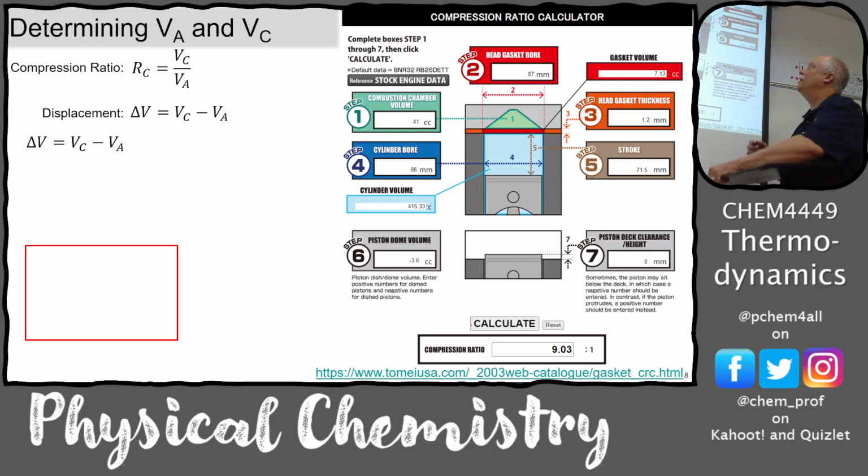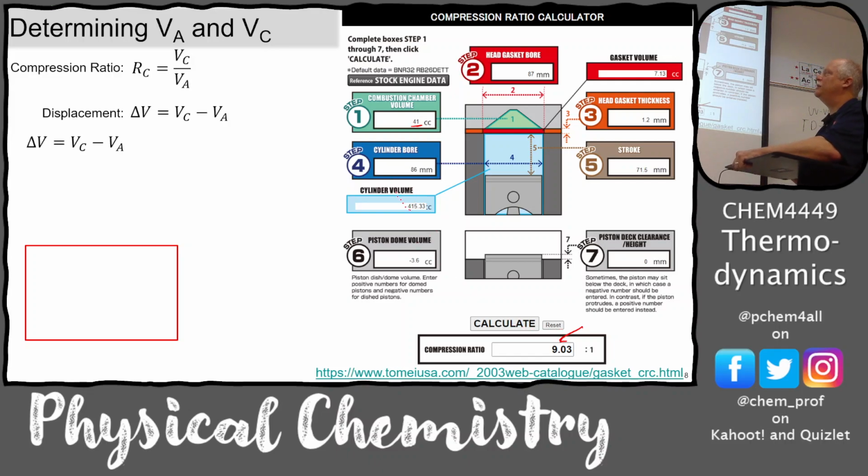And you can put in, if you know the design of the piston, like the little headspace volume, that's the combustion chamber volume. In this particular case, I've got this 41 cc's, or this head gasket bore, the cylinder bore, the head gasket thickness, all of these different factors come in, and they can calculate this compression ratio here.